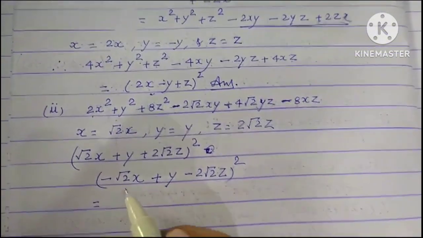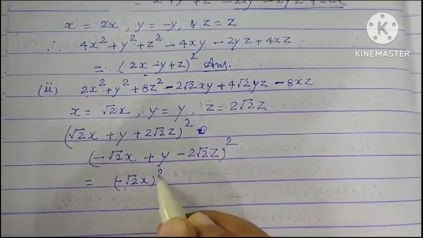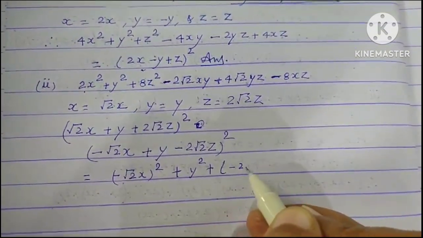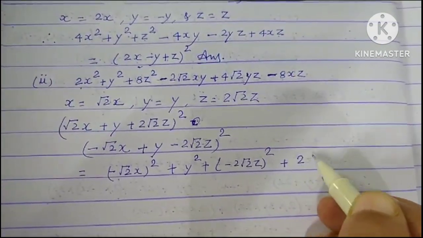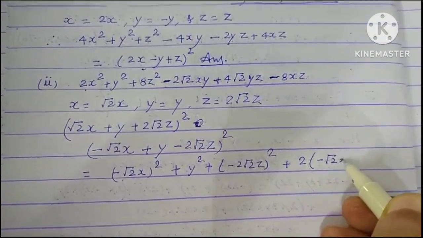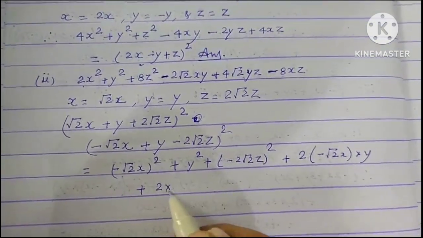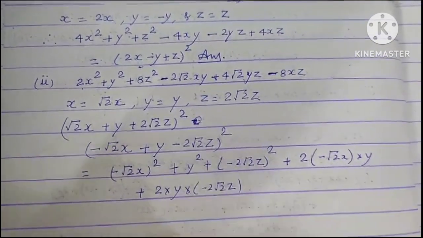It will come out like this: minus root 2x whole square plus y square plus minus 2 root 2z square, plus 2 into minus root 2x into y, plus 2 into y into minus 2 root 2z.